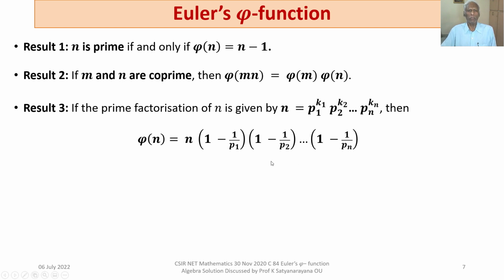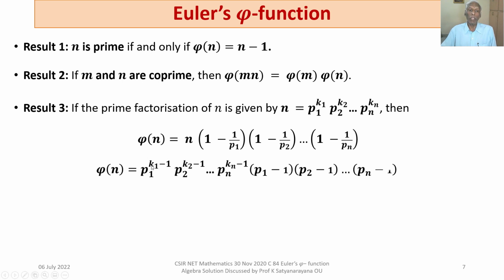This is equivalent to the following: phi of n is equal to p1 to the power of k1 minus 1, into p2 to the power of k2 minus 1, etc., pn to the power of kn minus 1, into p1 minus 1 into p2 minus 1 into pn minus 1. These two are equivalent.